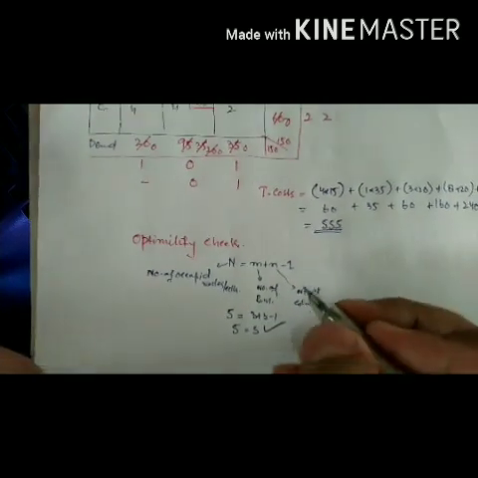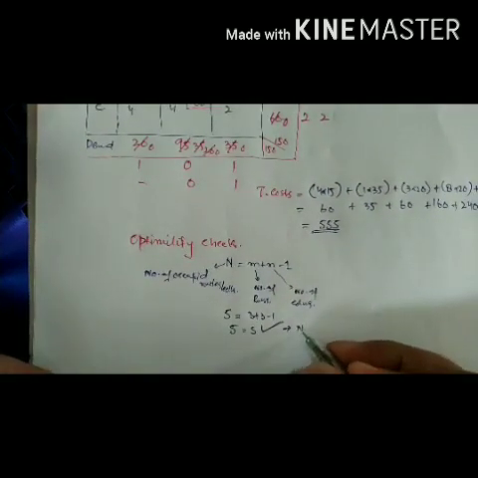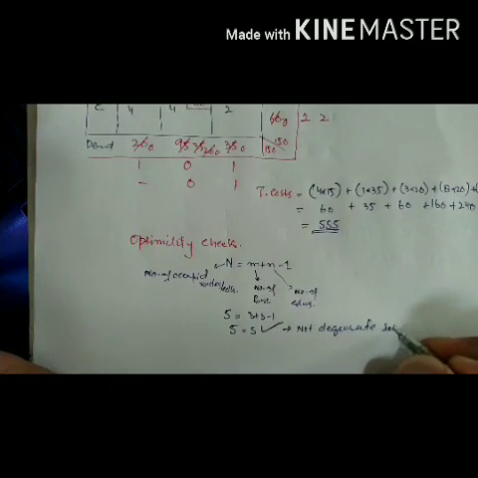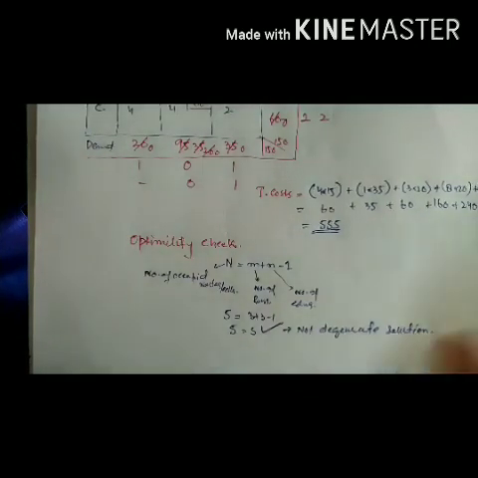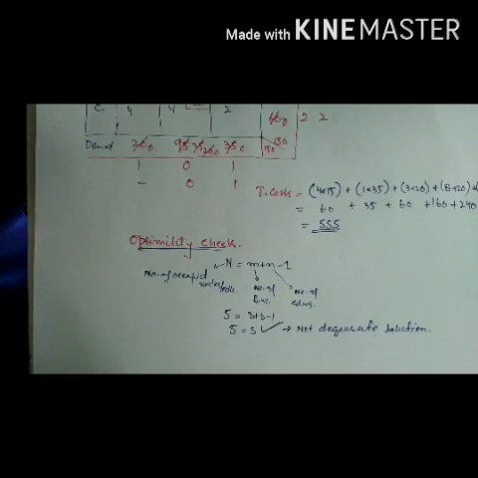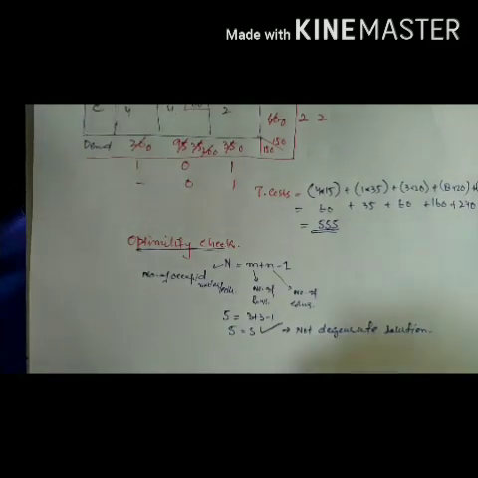Now we can say this is not a degenerate solution. When this is not a degenerate solution, we can simply proceed for the optimality check. Now, in case of the optimality check, we have got two methods. One is stepping stone.